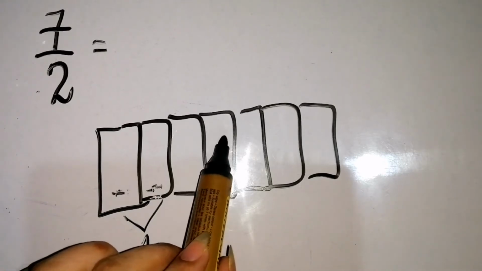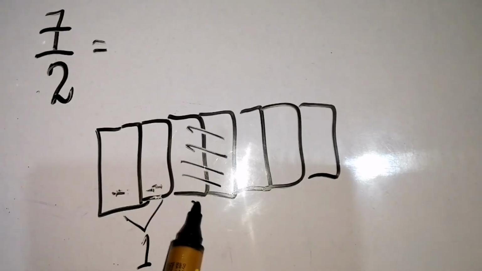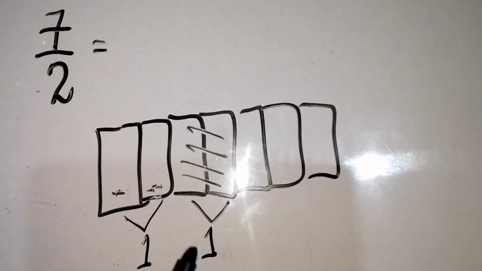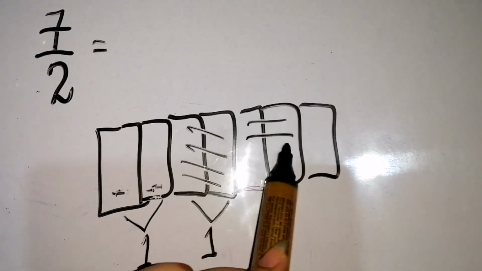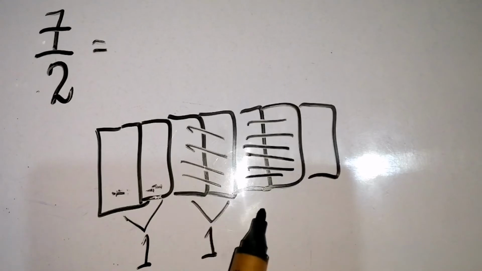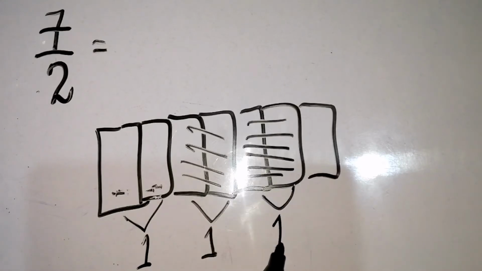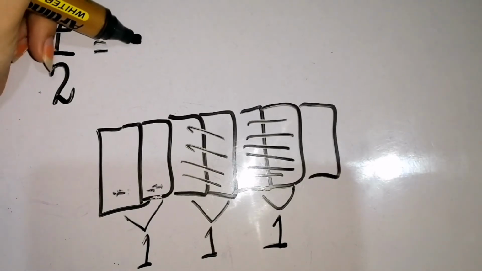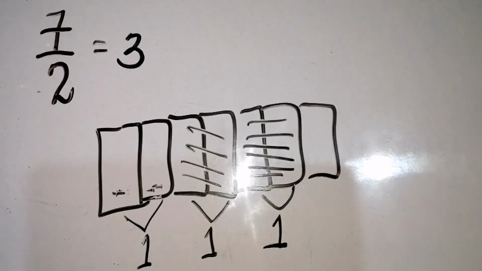I can take another 2 parts, and that is another whole, and another 2 equal parts for another whole. So I have now 3 wholes. I will write here 3 wholes. However, I was still left with 1 part here on the side.